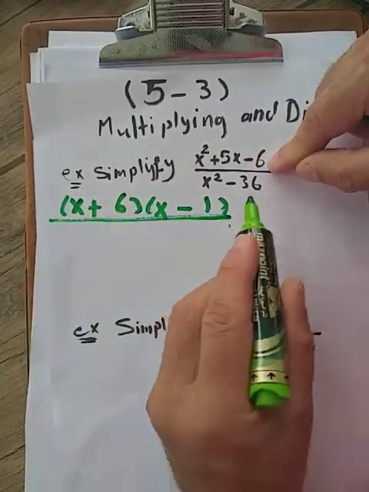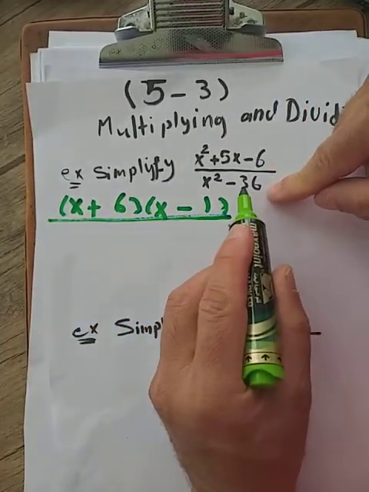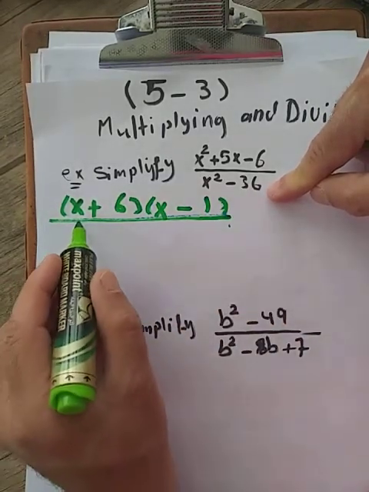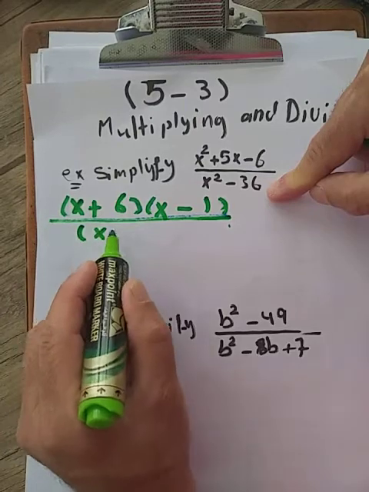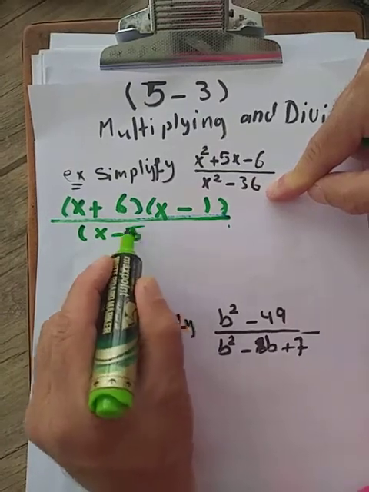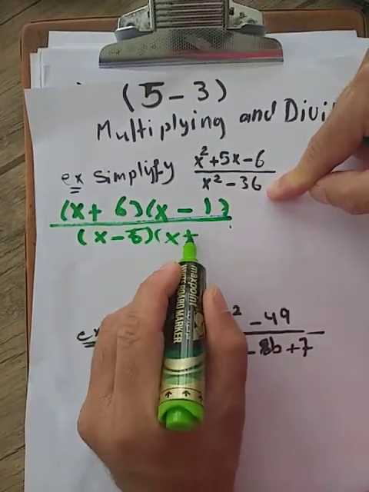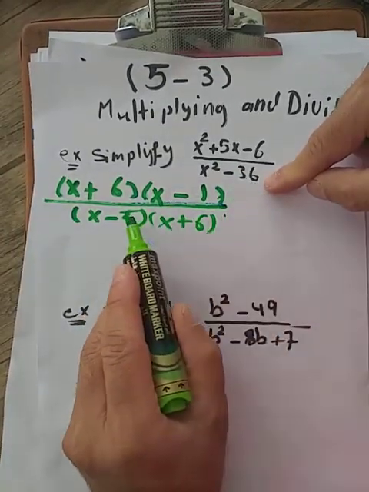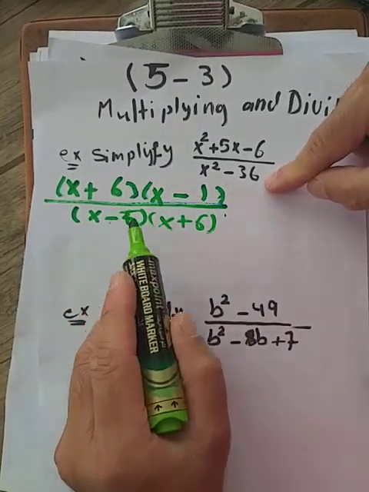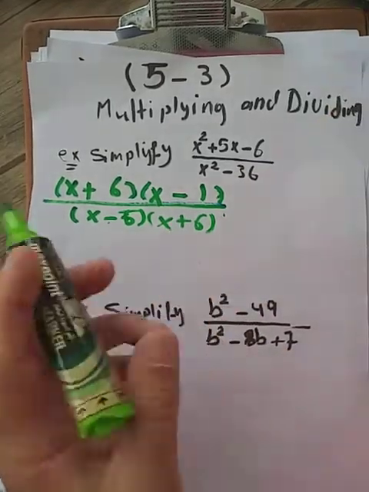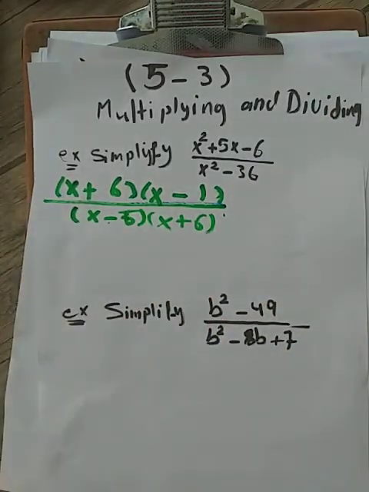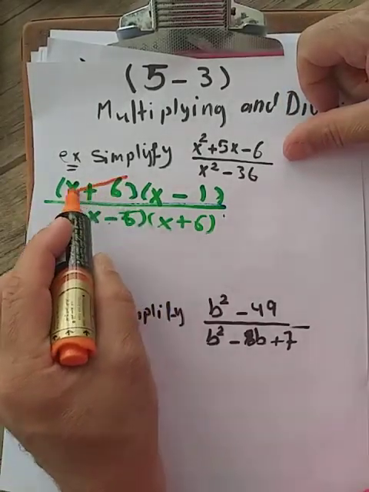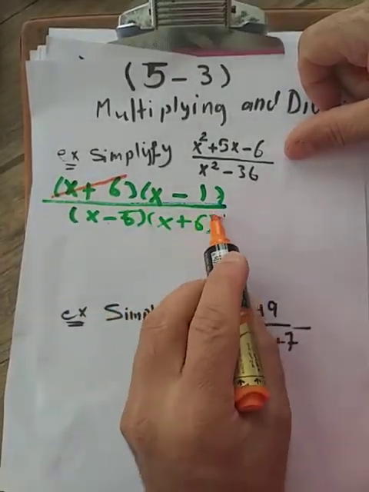Now, down we have a difference between two squares. Open two brackets: x minus 6, x plus 6. The square root of 36 is 6, one negative, one positive. Now, do you have the same bracket? Yes, x plus 6, x plus 6.